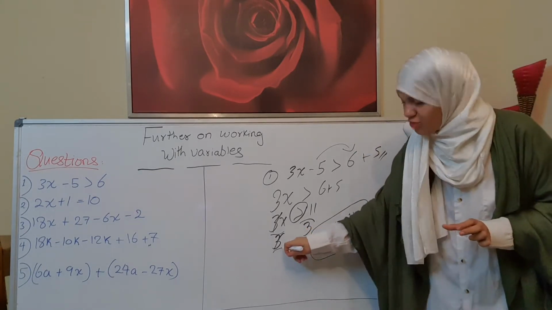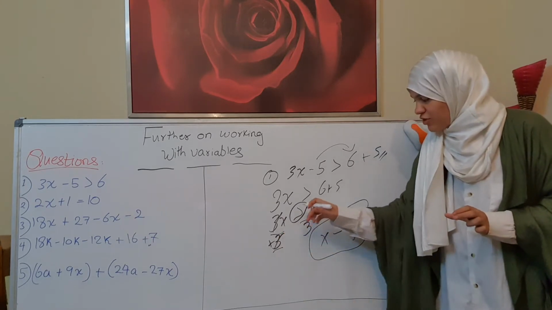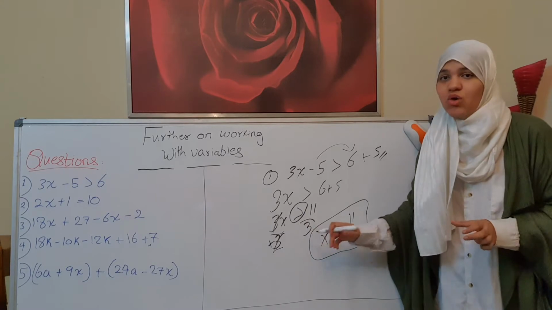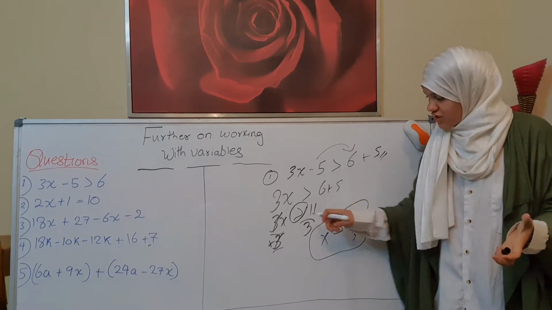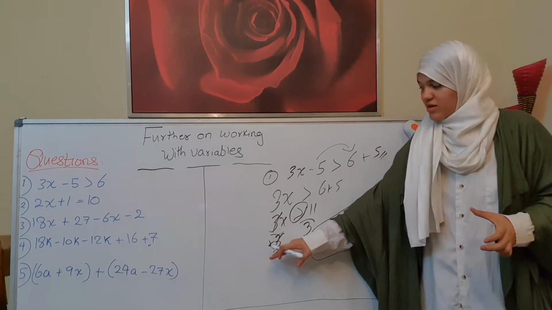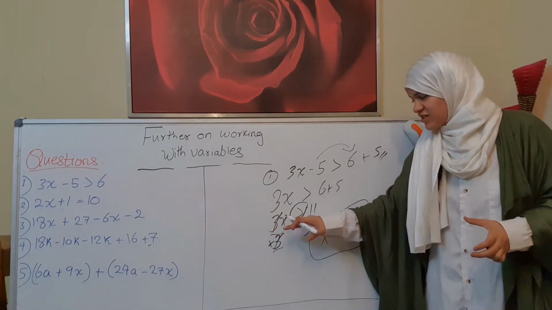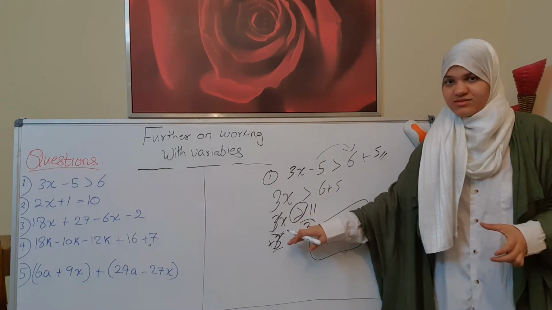Here what we have is a positive number, positive 3, and we divide both sides by positive 3. So we will not change the sign. But if it was negative 3, we would change the sign to less than.